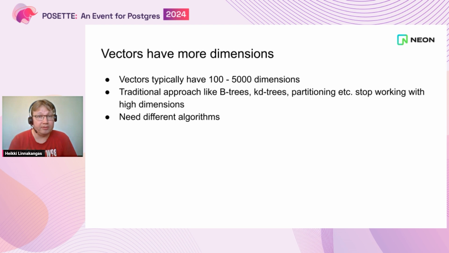But these vectors that you create for OpenAI stuff, like AI stuff or image search and applications like that, have hundreds or thousands of dimensions. And it turns out that the traditional approaches you use to deal with geospatial data, like R trees, KD trees, partitioning among some of the axes or dimensions, kind of stop working when you have so many dimensions. So you need different algorithms to do vector search.